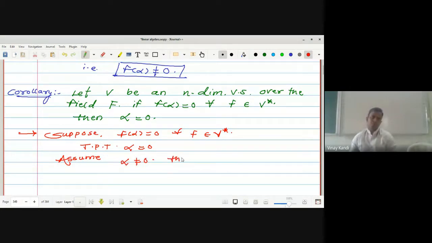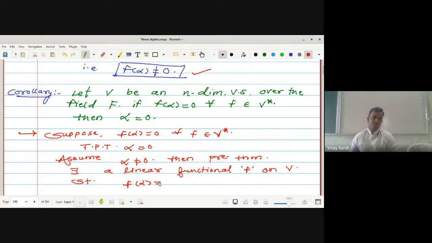Then by the previous theorem, what do we have? There exists a linear functional small f on capital V such that f of alpha is not equal to 0.